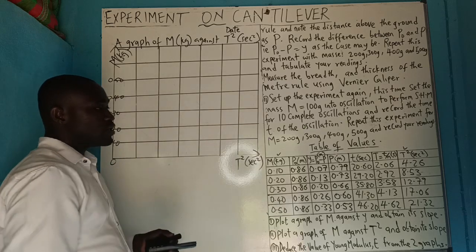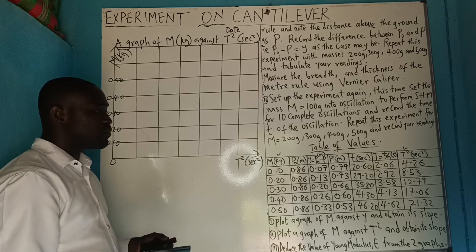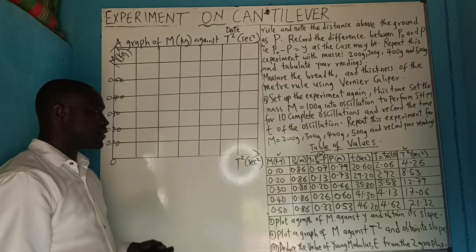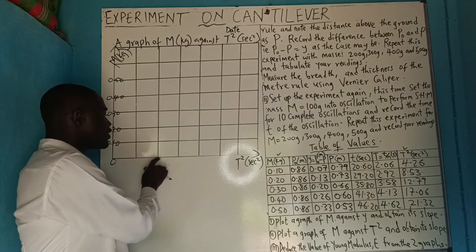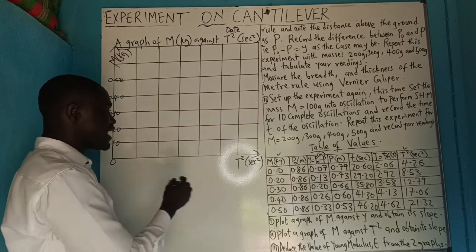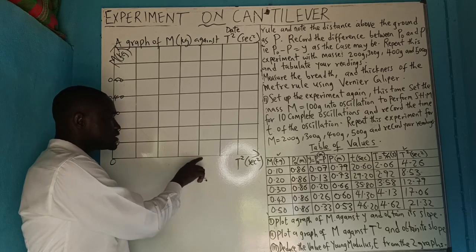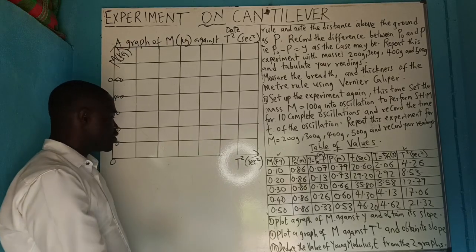We have T square: 4.26, 8.53, 12.79, 17.06, 21.3. If I go by 2: 2, 4, 6, 8, 10, 12, it would take too long. Then I can say let me go by 4: 4, 8, 12, 16, 20, 24. It will go.